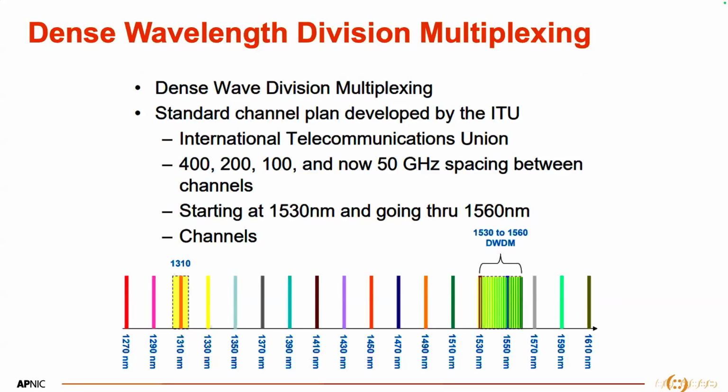Within the C band, as you can see here, the band is shown. Within the C band, DWDM uses, from the beginning, 1530 to 1560 nm and onwards for expansion. That's a separate discussion. But for the beginning, you'll start with the C band.